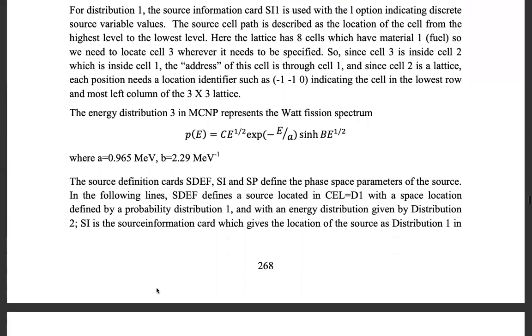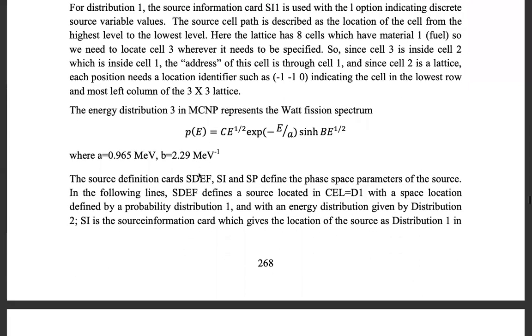You define a source through the source definition card, as we used to call it 30, 40 years ago. Now you don't have cards, you've got laptops, you've got soft screens, but historically we had to punch a card. That's why, in the jargon of preparing computer files, we still say card. If you look at any old document, you'll see these are the source cards, these are the surface cards, these are the material cards, these are the tally cards.